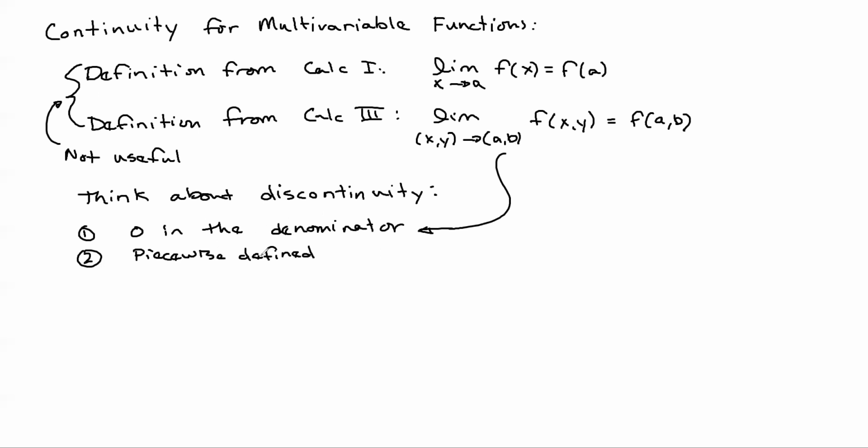If you don't have discontinuities, then they tell you can calculate limits by just plugging in a into f of x, that gets you the result, or plugging in (a, b) into f of x, that gets you the result. But to figure out whether you can do that, you're going to look for these two cases. Well, specifically this one case, you're going to look for a 0 in the denominator. And if you don't have this 0 in the denominator, what we're going to say is it's continuous. Okay, and that's it.